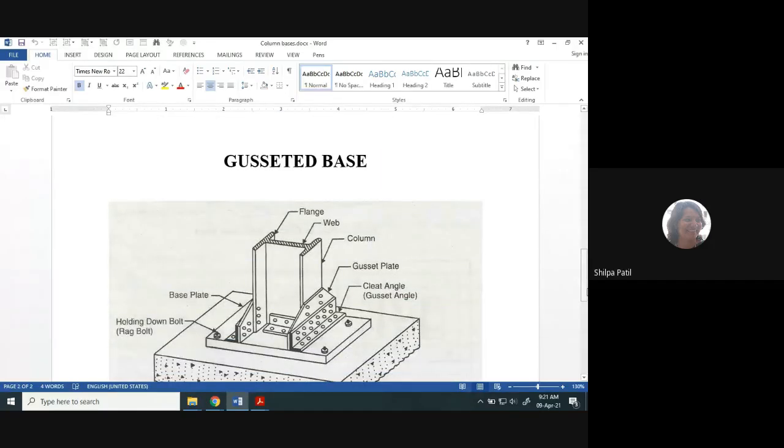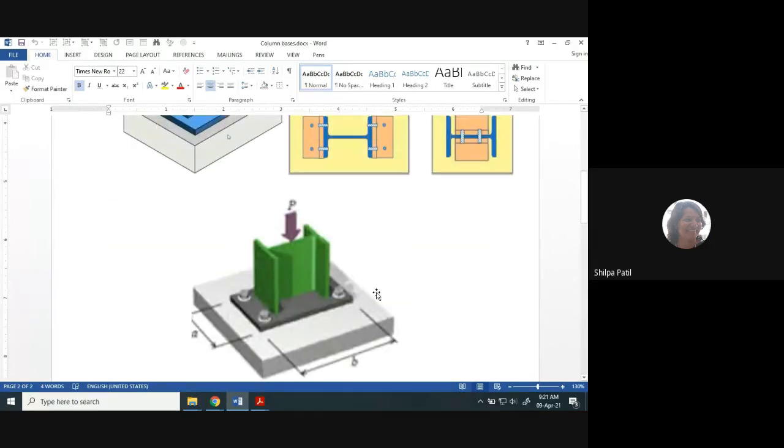Now, designing the slab base means we are deciding the dimension of this base plate depending upon the load acting on the column, the bearing capacity of the concrete pedestal, and the bearing pressure acting on this base plate. Deciding the dimension means we have to decide the length, width and thickness of the base plate.